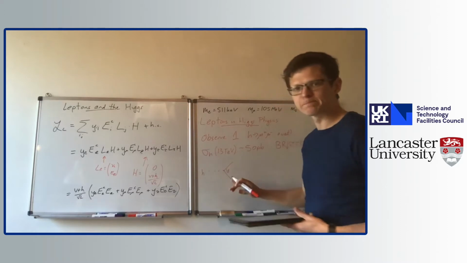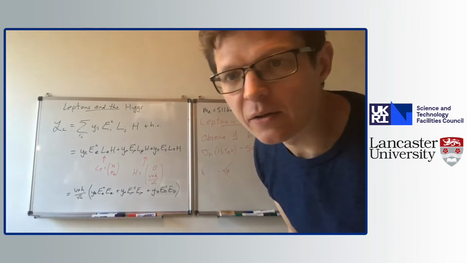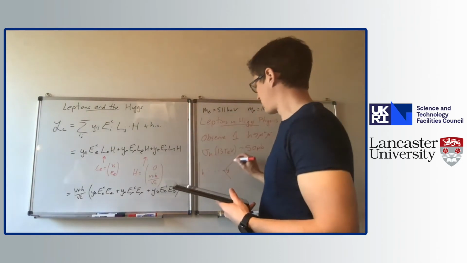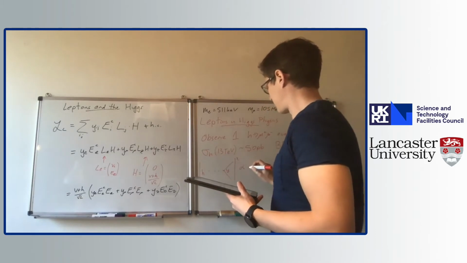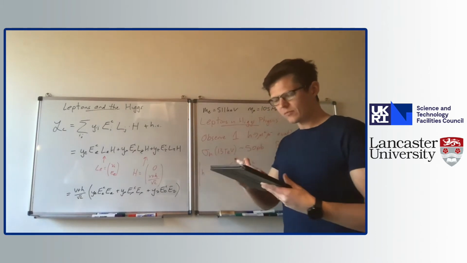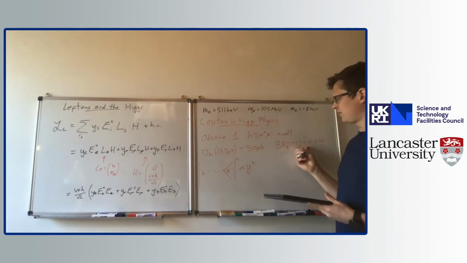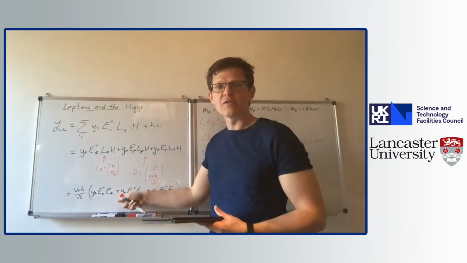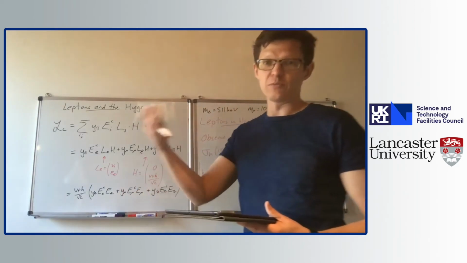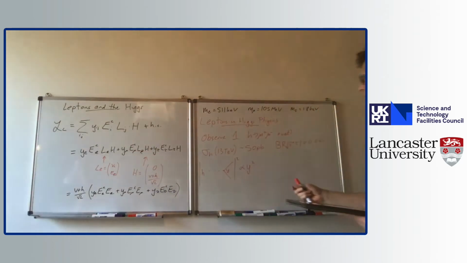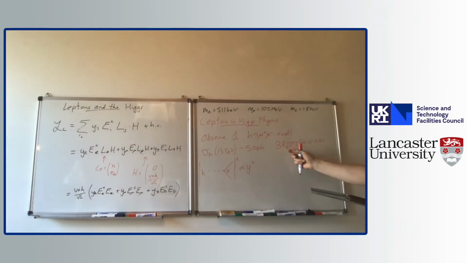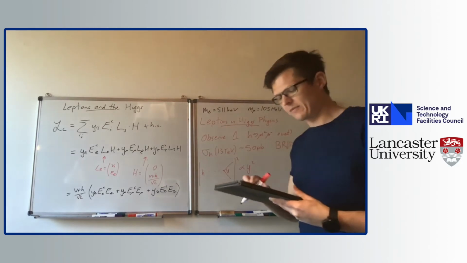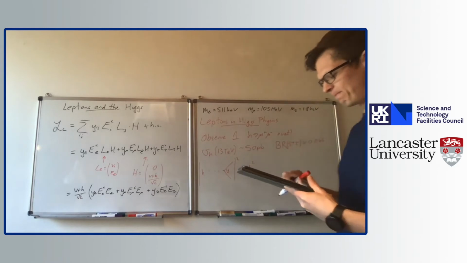We call it y, like this. So the cross section, which is proportional to the square of the amplitude, will be proportional to the Yukawa squared. So then we can take this branching ratio and multiply it by y mu squared over y tau squared to get the branching ratio to muons. So we can extract the branching ratio to muons straight away from the branching ratio to taus, essentially, up to subleading corrections.